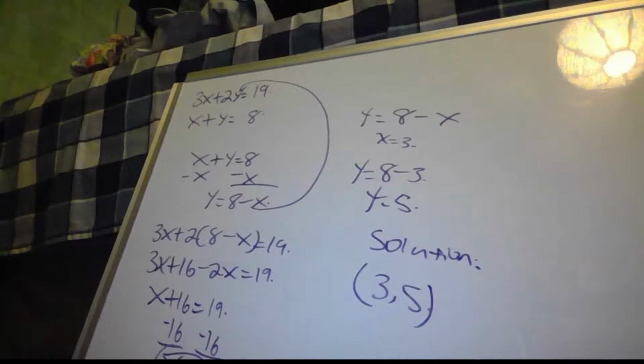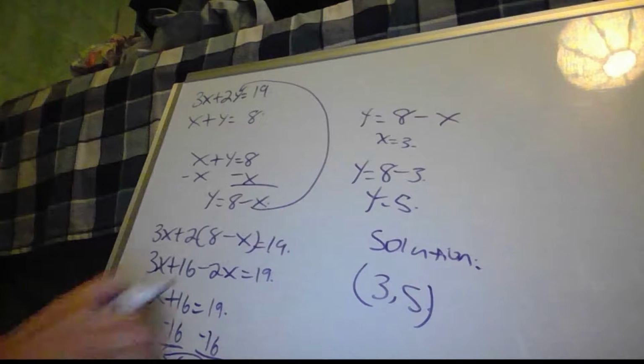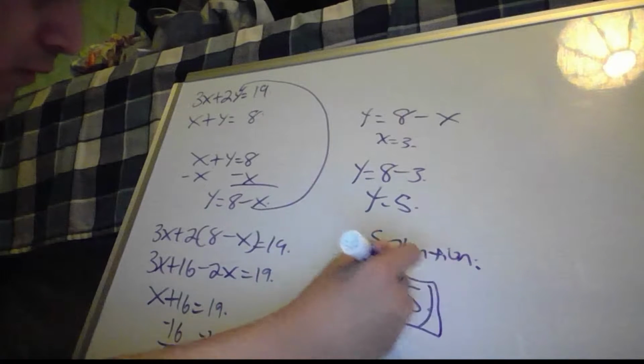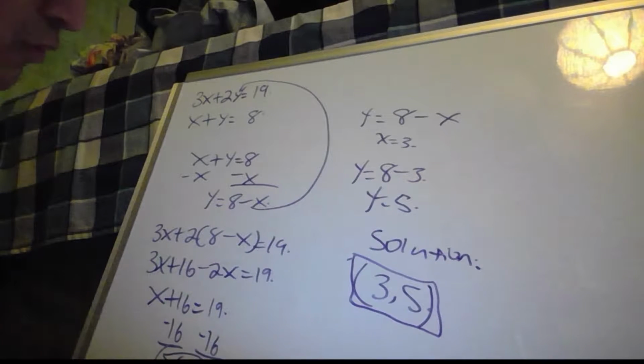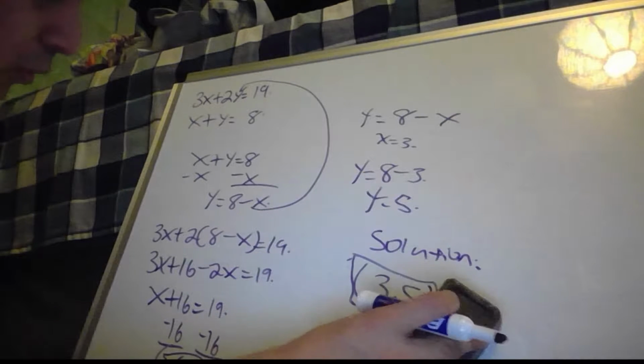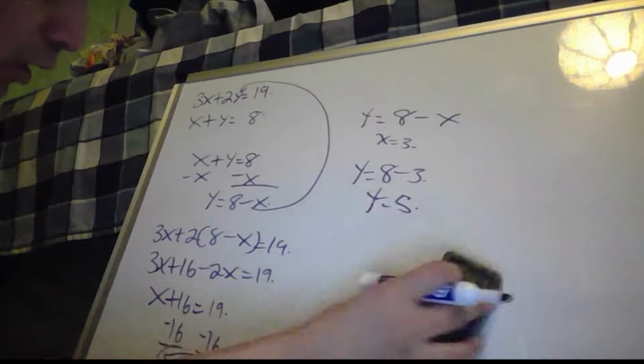So that would be our solution for this one. That's as an ordered pair, that's what the solution is. Sometimes they're going to give you x equals 3, y equals something, or sometimes they can give it to you as an ordered pair.